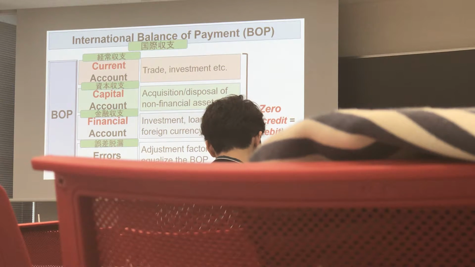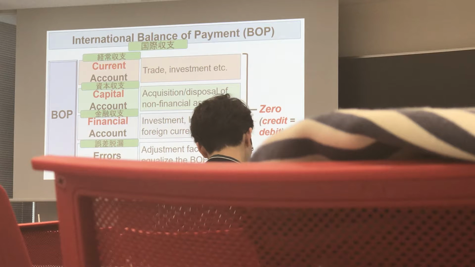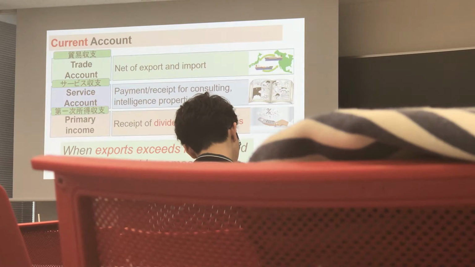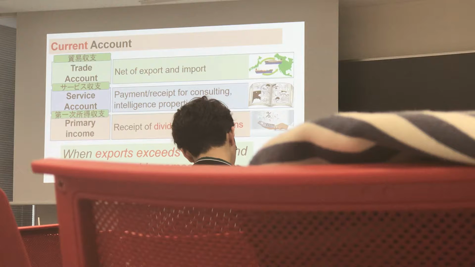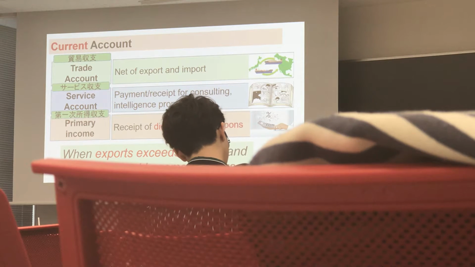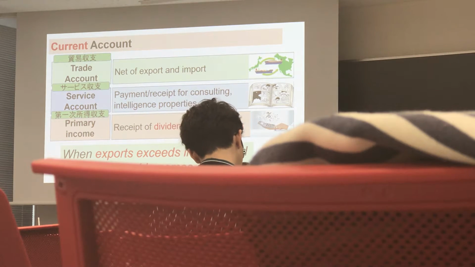And then C, that is also major highlight. Current account is net inflow of money from goods and services, from primary and secondary income. C, current account explanation is major highlight. Please emphasize that sentence.